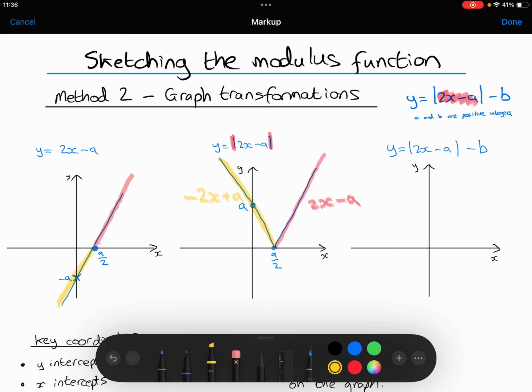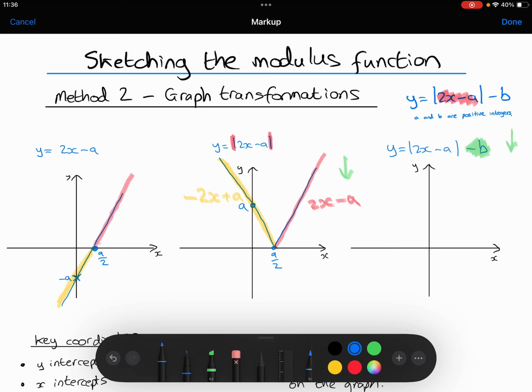Finally, the last bit of this graph transformation is dealing with this minus b on the end there. So I know what that's going to do. It's going to affect the y coordinates, because the b is on the outside of the function. And I'm going to subtract b from all of the y coordinates. So everything's going to shift down. This whole graph is going to shift down b units.